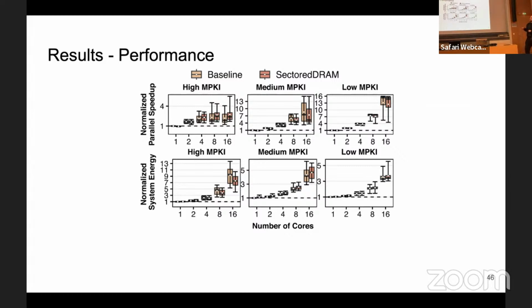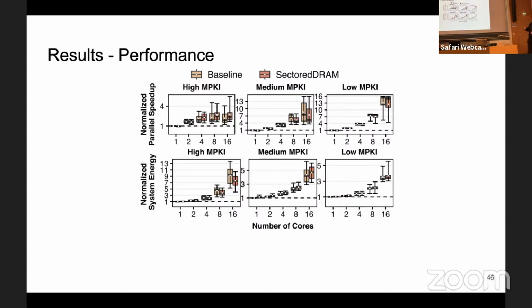And what you see here is, in light, you always see the performance of the baseline, and in this darker red, you see the performance of sector DRAM, sorry. The x-axis represents the number of cores, and the y-axis, in the upper diagrams, is the speed up. Higher is better in that case. And in the bottom set of diagrams, it's the energy use. Lower is better in that case.